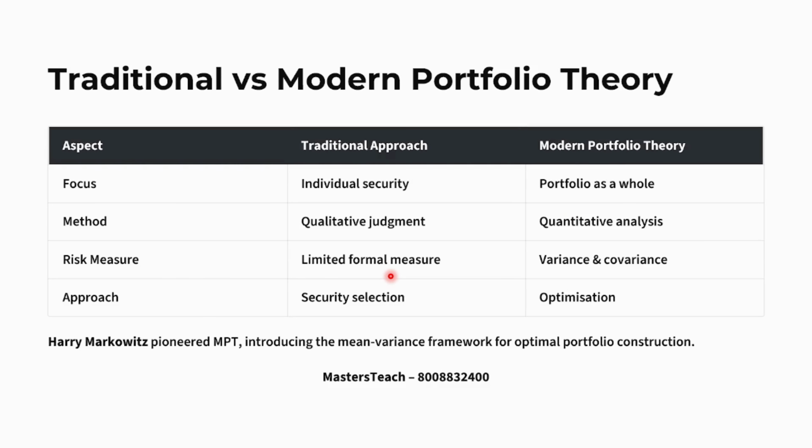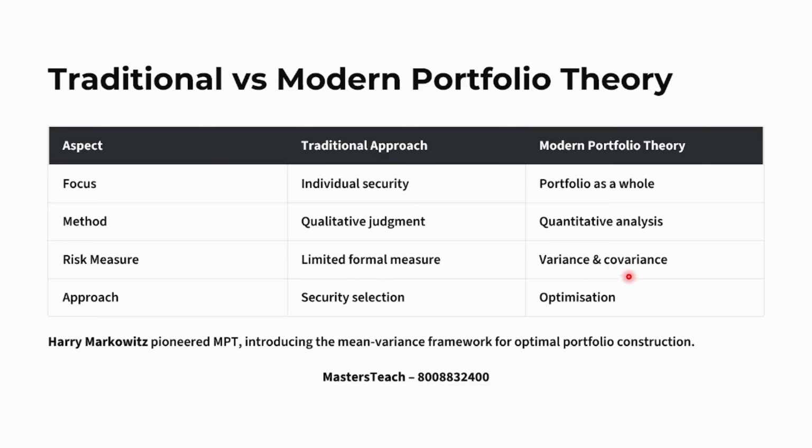Method: previously it was qualitative, good returns, security. Nowadays it is quantitative analysis, that means they put more things in a portfolio and analyze them. Risk was previously limited. If they put the amount in a fixed deposit, there is no risk, so the measuring was very simple.